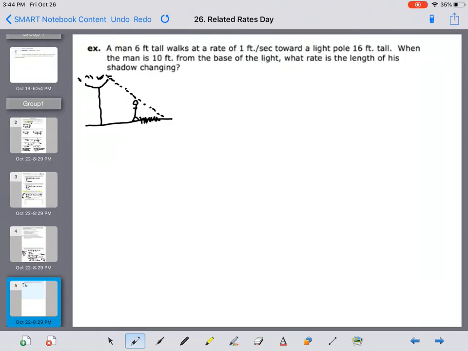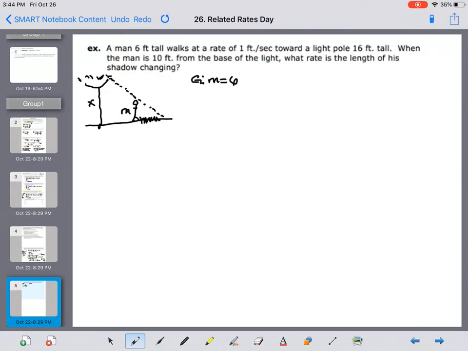Okay. So we know that the man, let's put M for the man, and let's use X for the light pole. I'm just choosing variables. It really doesn't matter what you choose as long as you know what it represents. So I'm going to put some givens. M equals 6. He walks at a rate of 1 foot per second towards the light pole.